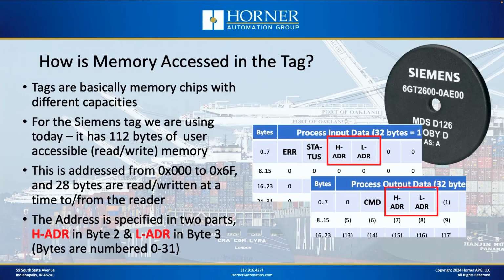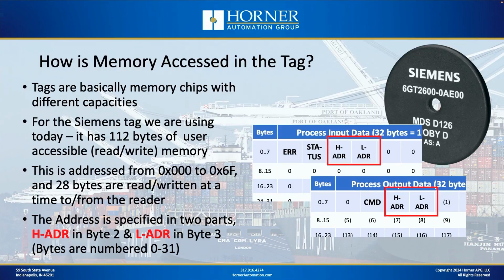One more thing before we show you the Cscape configuration and the bench demos, and that is, let's talk a little bit about how memory is accessed in the tag. So remember, these tags are basically memory chips with different sizes of memory available to be read or written from. The Siemens tags we're using in today's demonstration have about 112 bytes of read-write memory available, and these happen to be addressed from 0 to 6F in hex, which I believe is 0 to 111 in decimal, and those are the values we'll need to be setting for our addresses that we want to read and write, somewhere in that range.